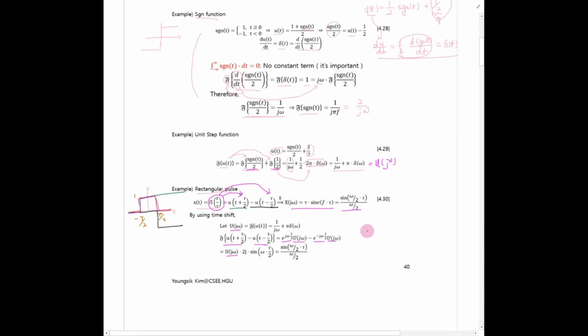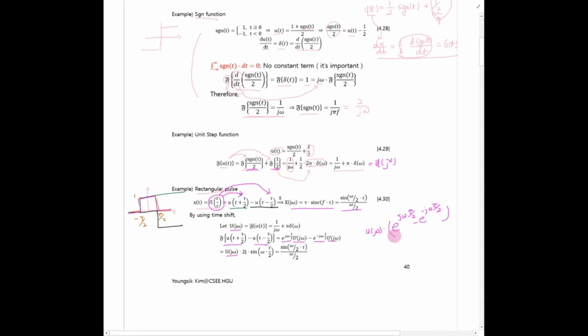The common factor is U(j omega), and in that case we have e to the j omega tau over 2 minus e to the minus j omega tau over 2.